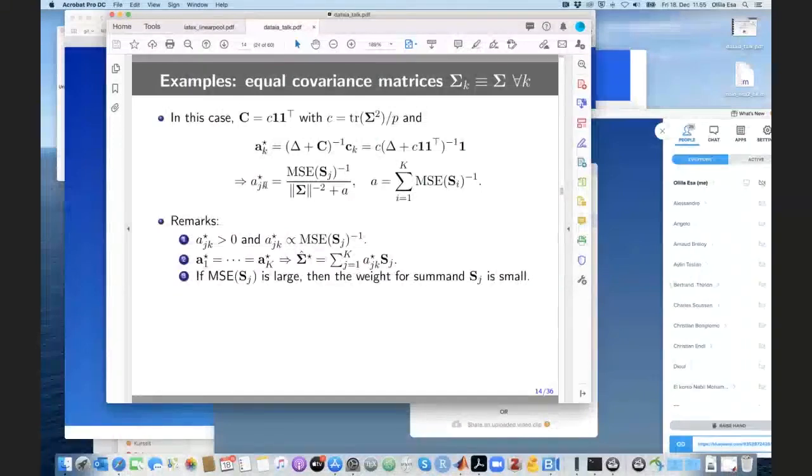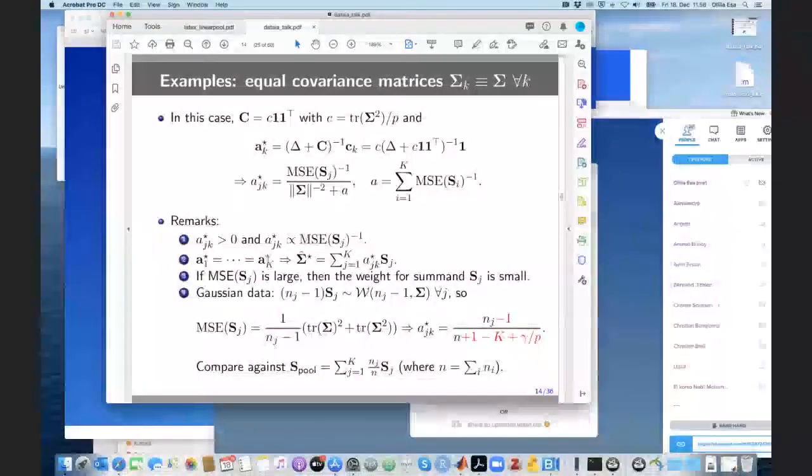This is quite natural: if the mean squared error of that sample covariance matrix is large, then the weight used for it is going to be small, so that particular sample covariance matrix will not have a large effect on the estimator. So this is quite natural. And we also notice that all the weight vectors will be the same.